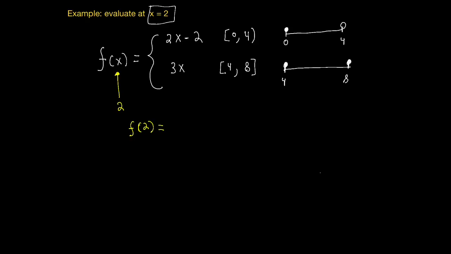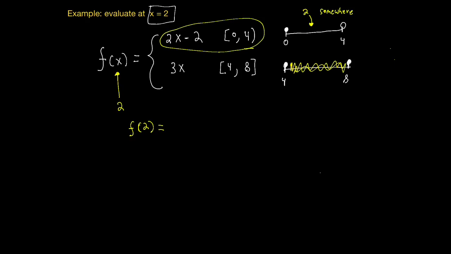So now if I use common sense here, I know that my 2 is going to be somewhere in between this interval. Somewhere. Alright, 2 is not going to exist in between 4 and 8. It's going to exist within 0 and 4. So I'm going to use this rule right there.